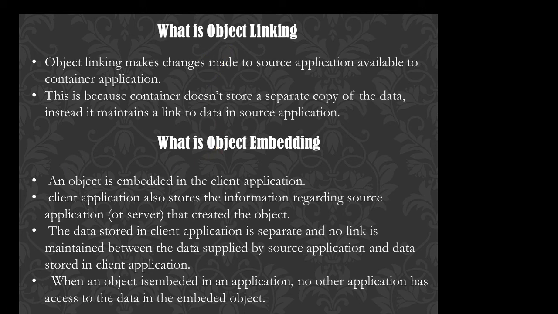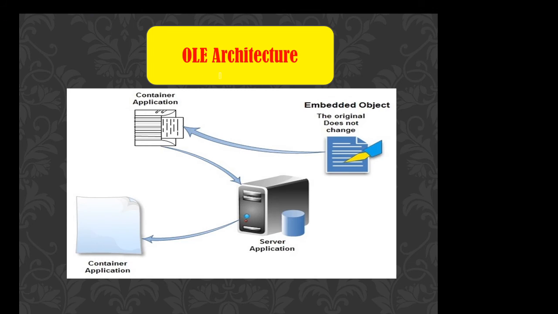So this is object embedding as an architecture. Suppose embedding means a Word document, where the original data is here. To get the object, that is the OLE container set. The OLE container set only can store the information.